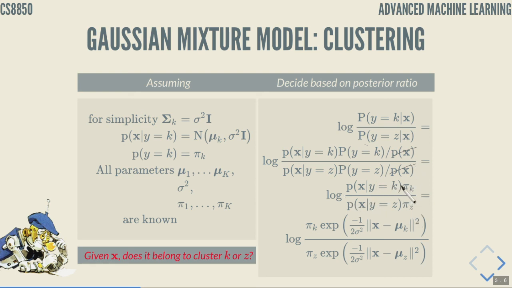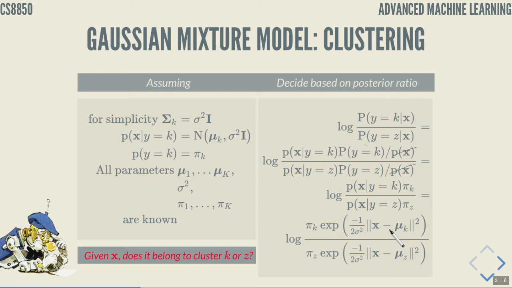We know what we have here. The pi's are the mixture component proportion of this particular Gaussian in the overall sum, and then the normalizing constant cancels out, and what we get, and a question in your exam, is when you derive the decision boundary, you will see that it's linear.